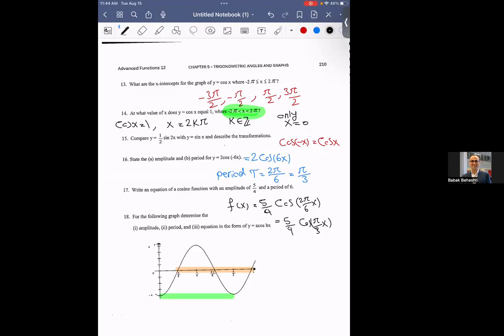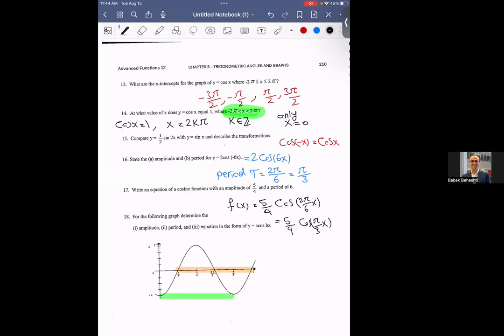So you can either look at this length, or it's the same as this length, or the same as these two. Basically, it's the distance between two consecutive points on the graph. But in this picture, it's clear it's pi over 2.